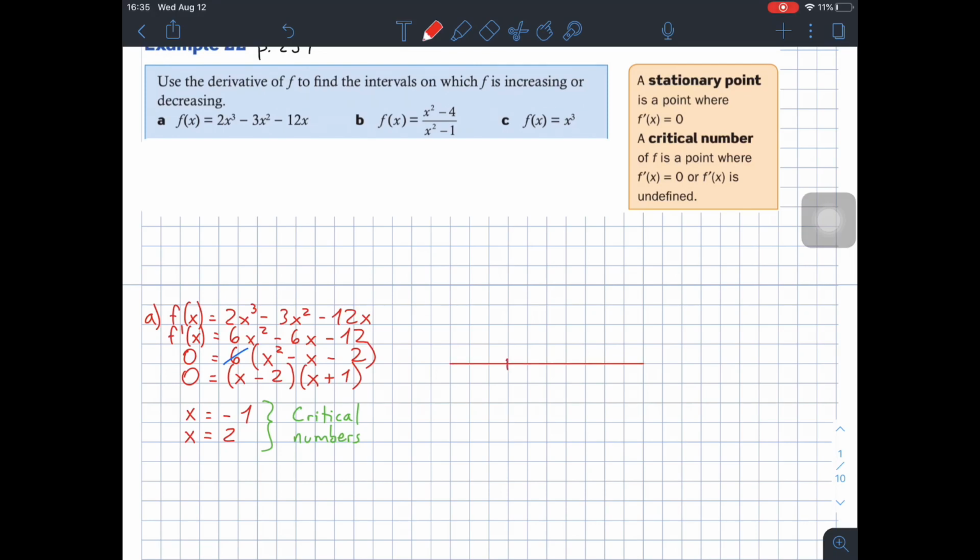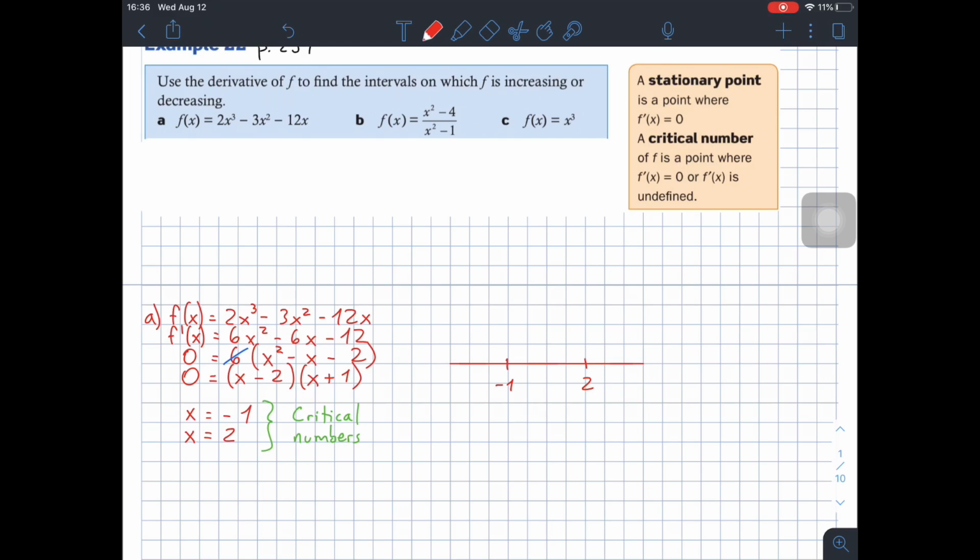For example, -1 over here, and let's say 2 is over here. So I know that for those 2 points, the derivative is 0, right? So what I'm going to do is analyze what happens before -1, between -1 and 2, and then after 2, in order to see if the function is increasing or decreasing between those critical numbers, okay?